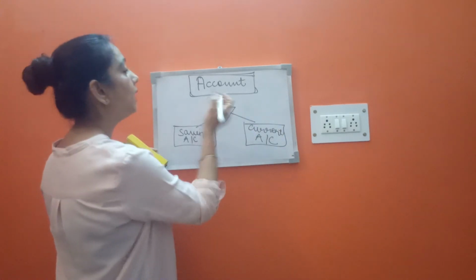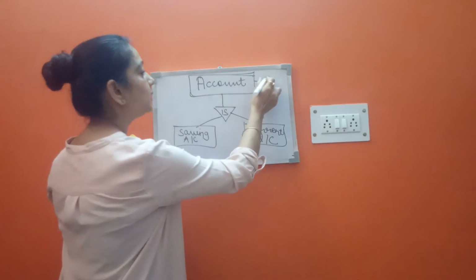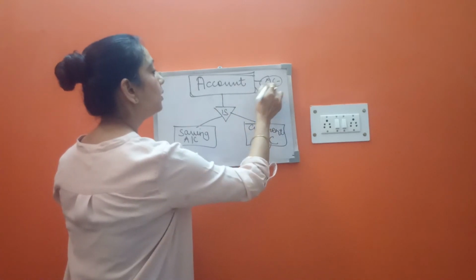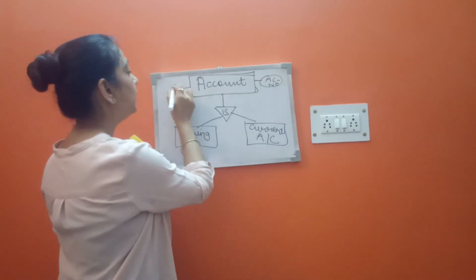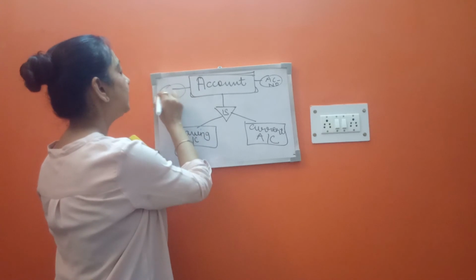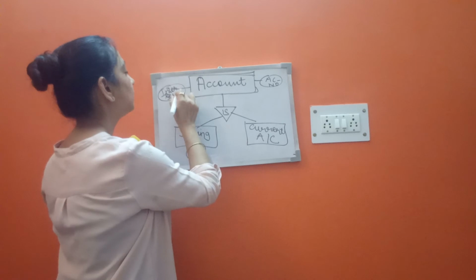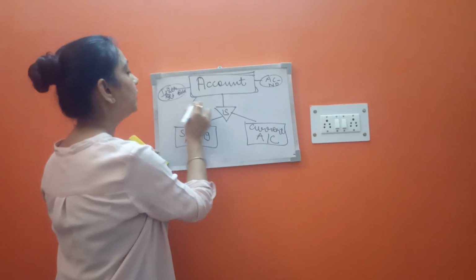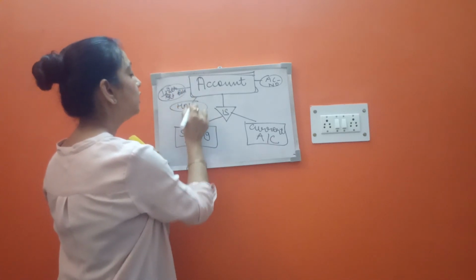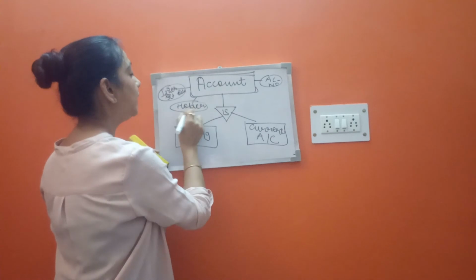The account entity will have some attributes like the account number, the interest rate, and the account holder name. These are the attributes of the account entity.